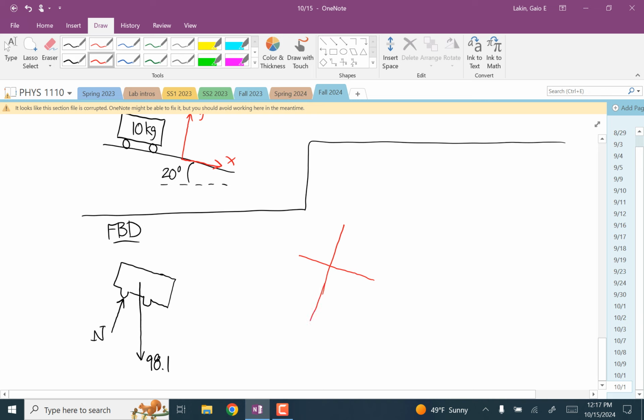So here's the coordinate system. Here's the weight force. We know that this angle from the negative y-axis to the vector is 20 degrees, because that's always the same as the angle of the ramp. And the magnitude of this is 98.1.